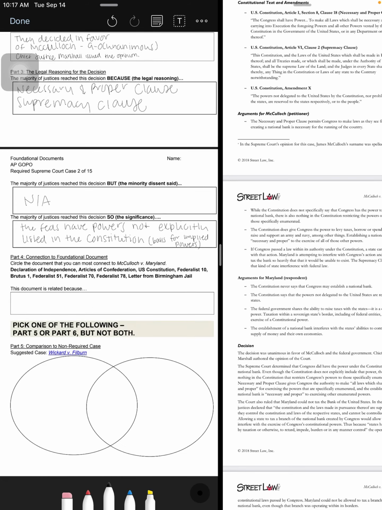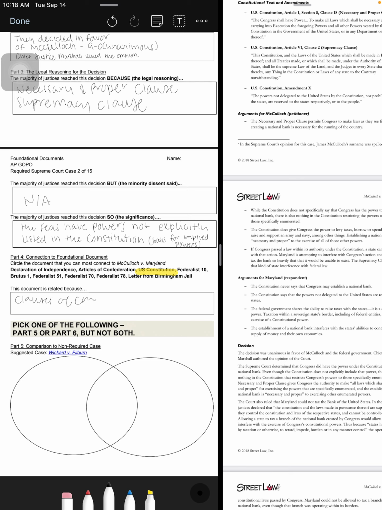Now next I'm going to make some connection to a foundational document. So the ones we've talked about so far are the Declaration of Independence, the Articles, the U.S. Constitution, Federalist 10, and Brutus 1. So I think the easiest connection to make is probably the U.S. Constitution. And I'm going to say that's because it involved different clauses of the Constitution or something like that.